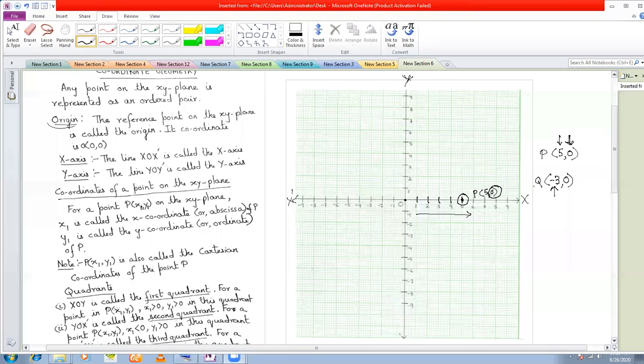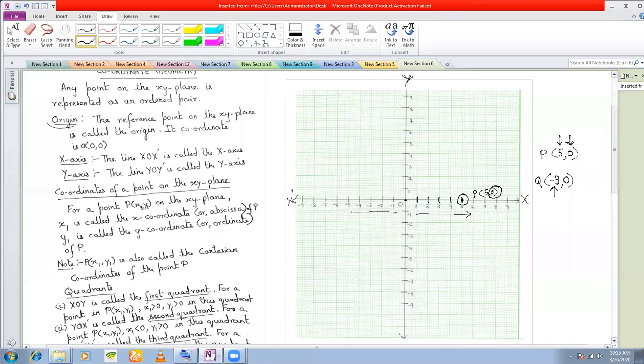from the origin, you have to move in the negative direction of x, because you have a minus sign with a 3. And how many units do you have to move? You have to move 3 units. So 1, 2, 3. So I've reached here. And after reaching 3, how much distance do you have to move?